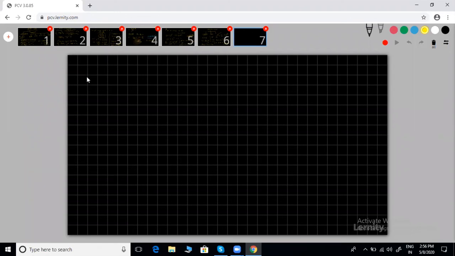Here I'm giving ionic sizes: S2 minus, Cl minus, argon, K plus, Ca2 plus.